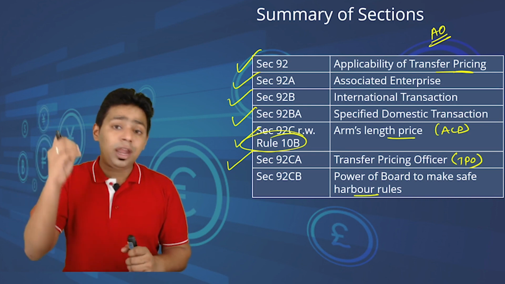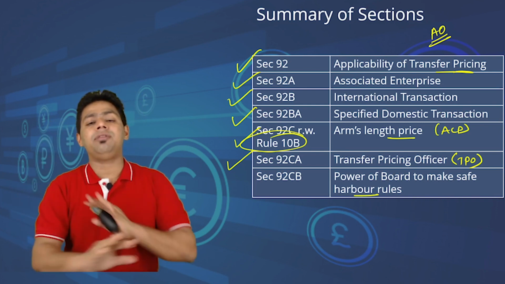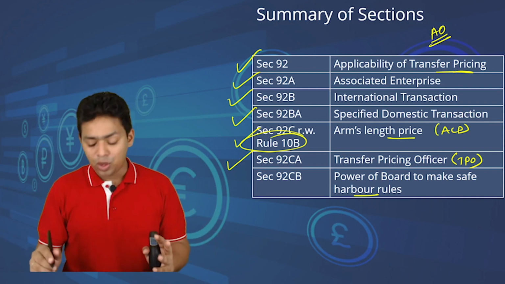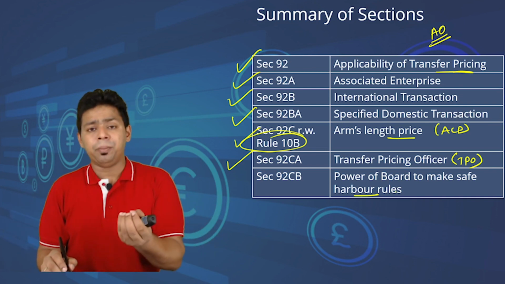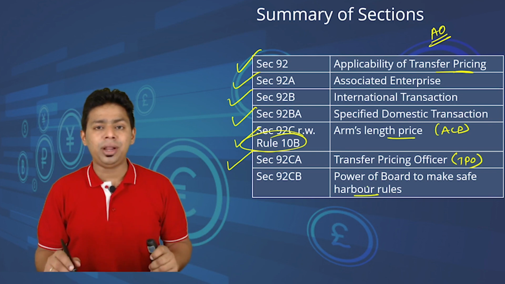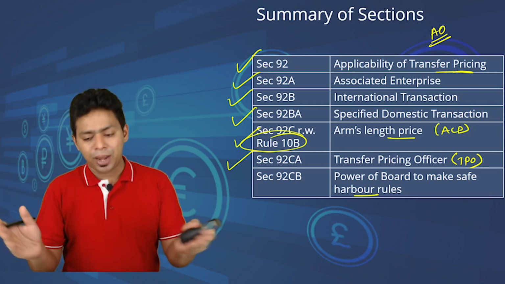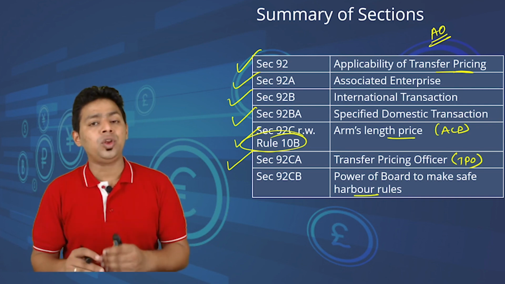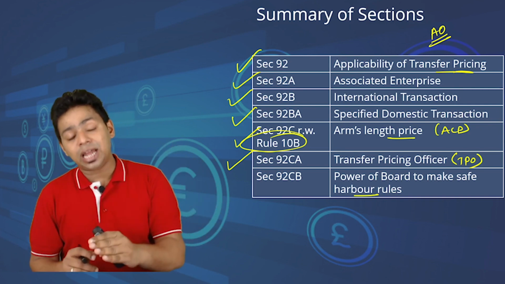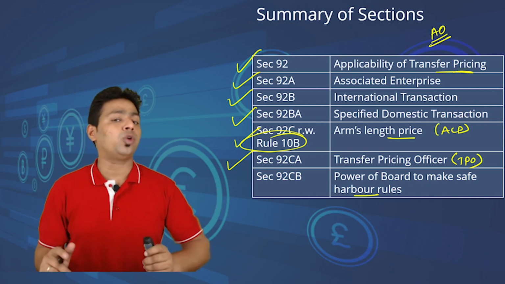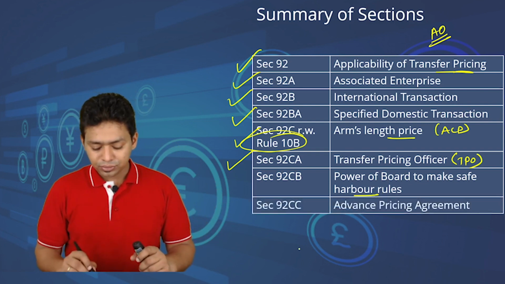If you declare any profit more than 17%, then we will not question your arm's length price. So safe harbor rules means minimum profit margins declared by the government. If you declare more than that margin, good, no transfer pricing compliance will be imposed on you. But if you declare less than that profit margin, then we have to cross check your transaction values.